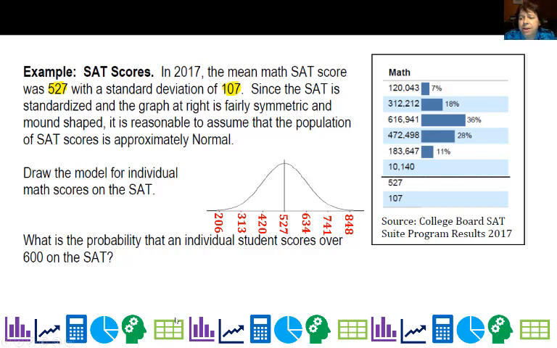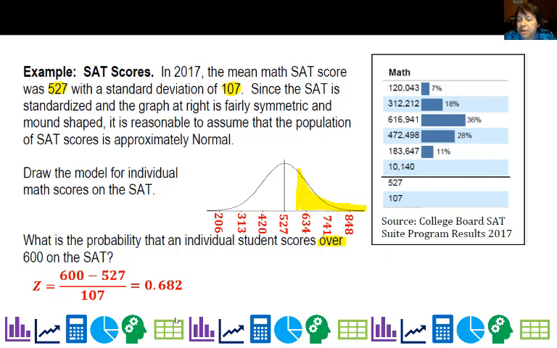What is the probability that an individual student scores over 600 on the SAT? Well, that shouldn't be too unlikely. Let's go ahead and calculate the z-score: 600 minus 527, which is the mean, divided by the standard deviation, gives us a z-score of 0.682. Okay, and we want to be on the over side, so we're roughly there on the curve.